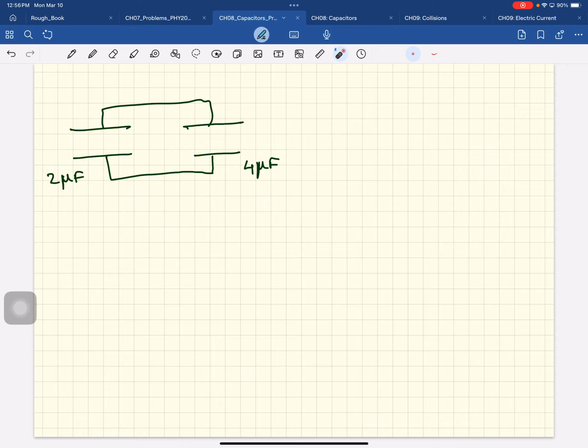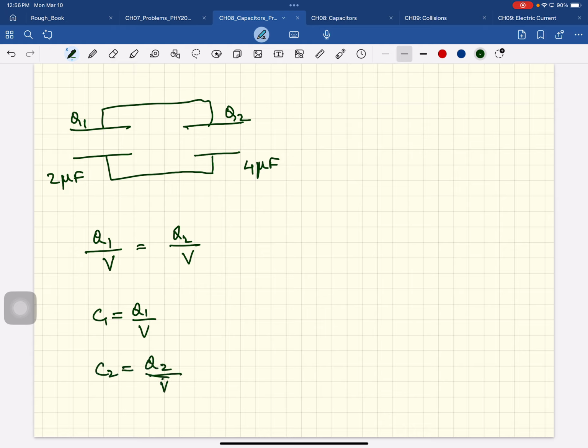So now let's say this becomes charge Q1, Q2. Q1 over V should equal Q2 over V, and so C1 equals Q1 over V, and C2 equals Q2 over V.